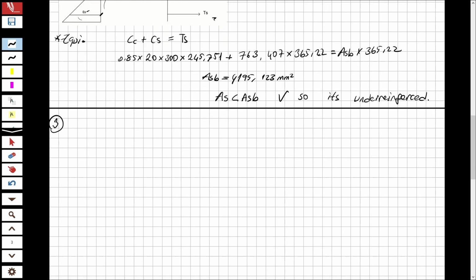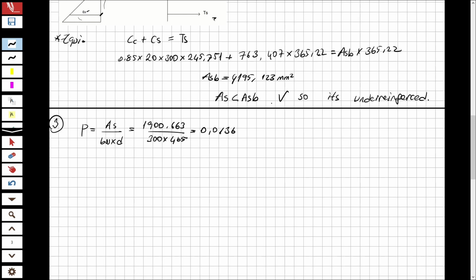For the third part, I'm going to obtain the rho for the bottom steel. It's going to be AS over BW multiplied with D. So what is that? 1900.663 over 300, this is the BW, multiplied with 465. That will be equal to 0.0136.